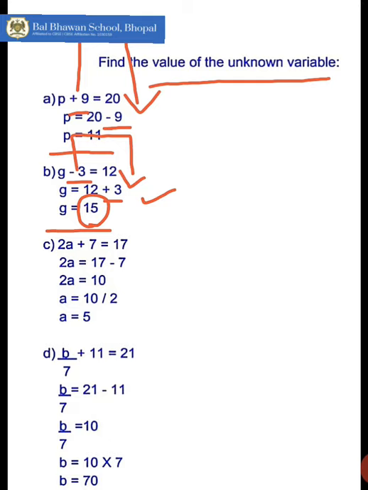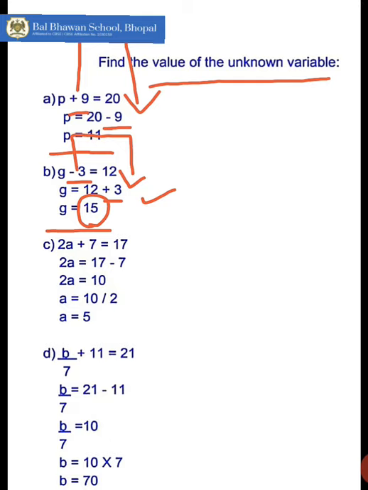Similarly, multiplication when it moves to the other side becomes division, and division when it moves to the other side becomes multiplication. So these few things you have to remember so that you understand this concept clearly.